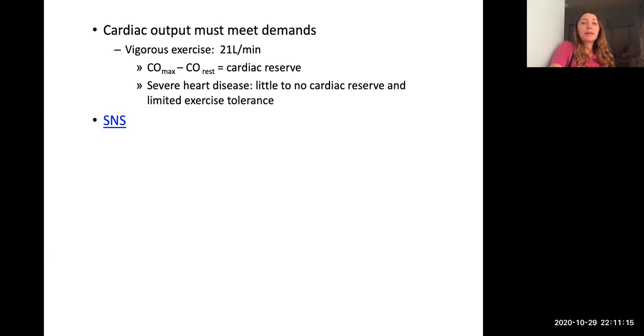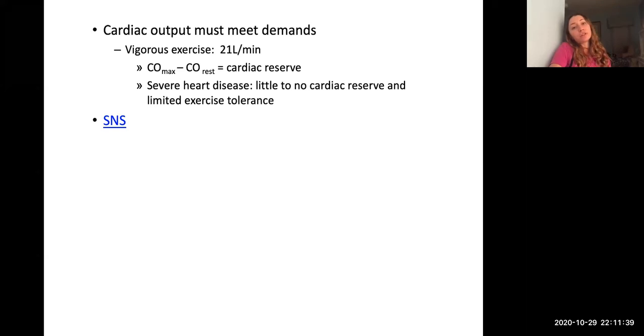So this is what it's talking about. Cardiac output must meet demands for rigorous exercise, which would be 21 liters per minute, which is crazy when the average is 4.9 or 5 liters. So how you find the maximum, the cardiac reserve, is the cardiac output max minus the rest.